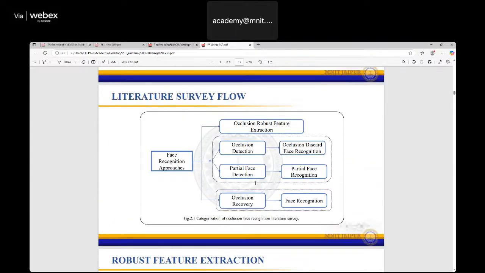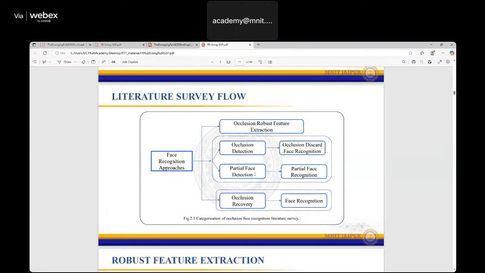So, what are the earlier things in facial recognition? Here you can see that the face recognition approach has three parts: a robust feature, occlusion detection, and then discarding that part.